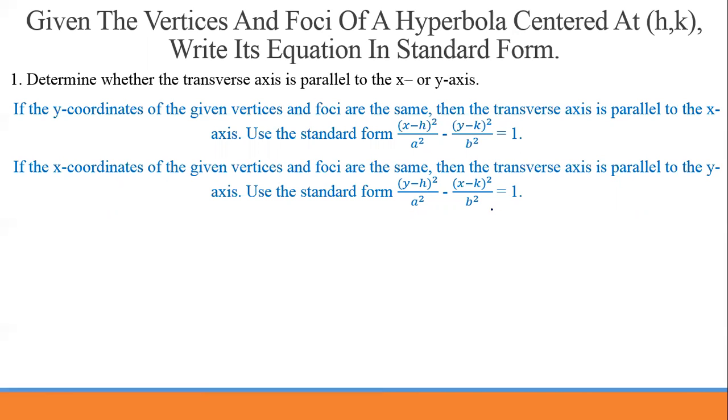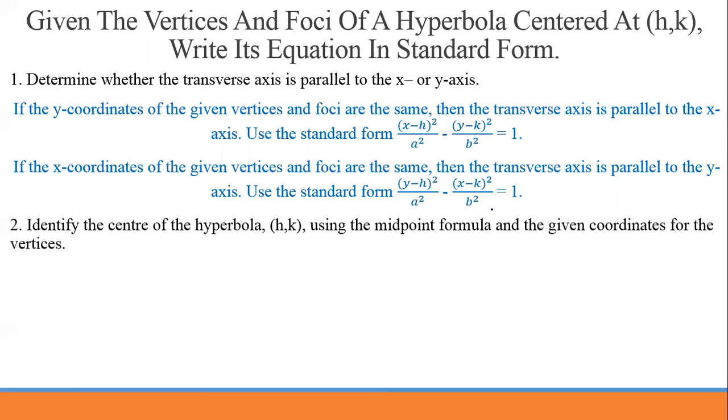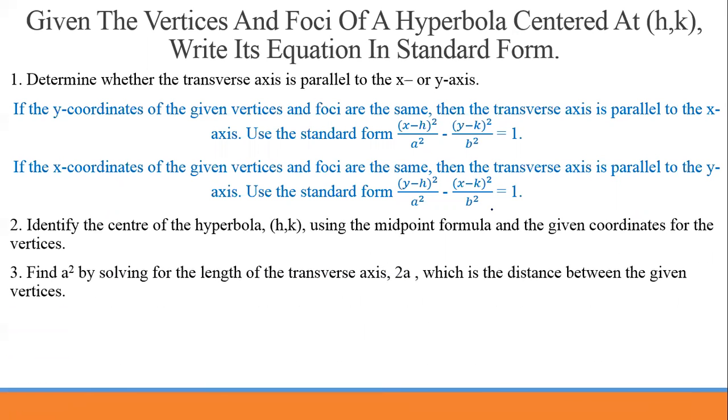Second, identify the center of the hyperbola, (h, k), using the midpoint formula and the given coordinates for the vertices. Third, find a squared by solving for the length of the transverse axis, 2a, which is the distance between the given vertices.